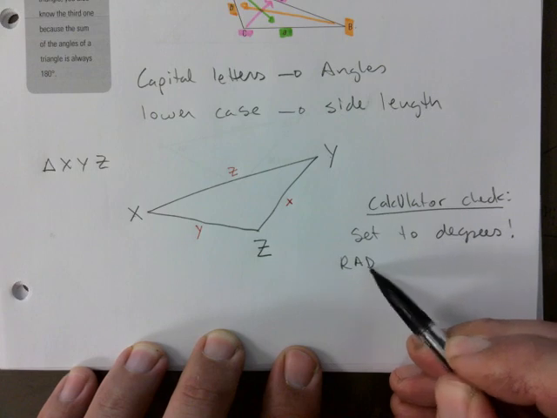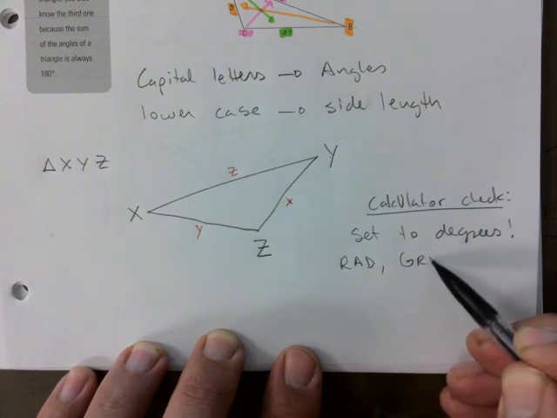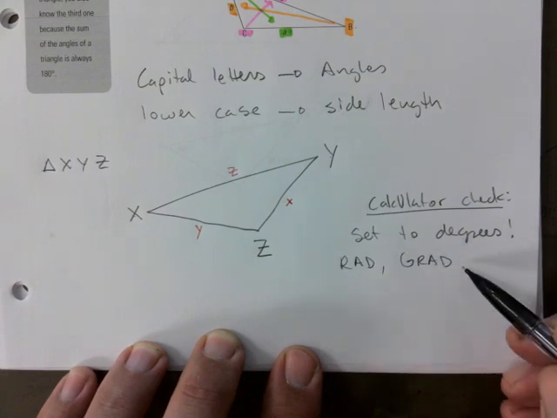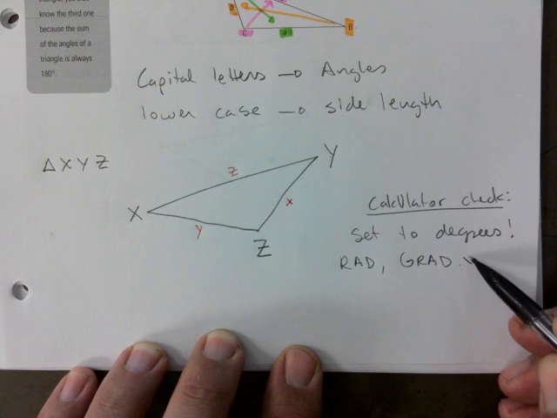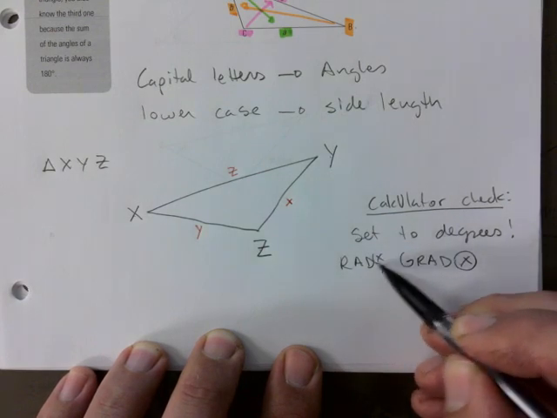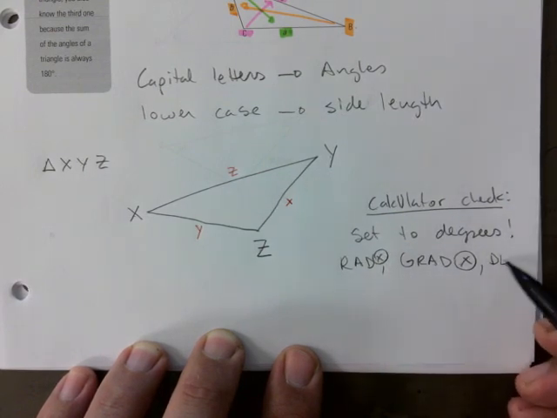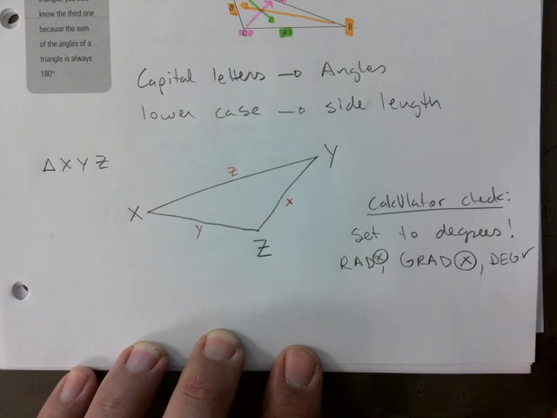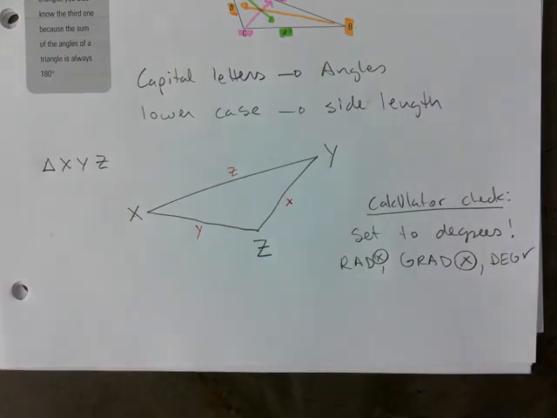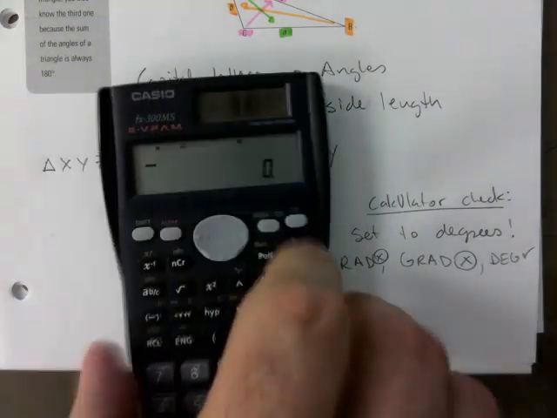Rad, grad, or radians, gradients is no, right? You don't want that. You want degrees. You want your degree and you want to graduate, but in this case, you don't want grad to show up on your calculator. So you turn on your calculator right now.